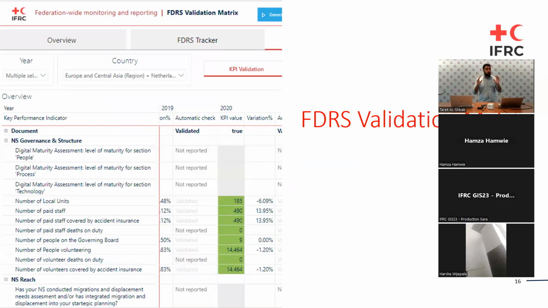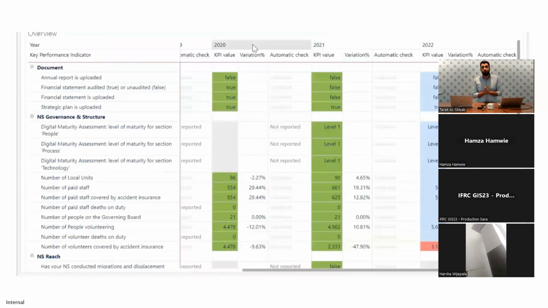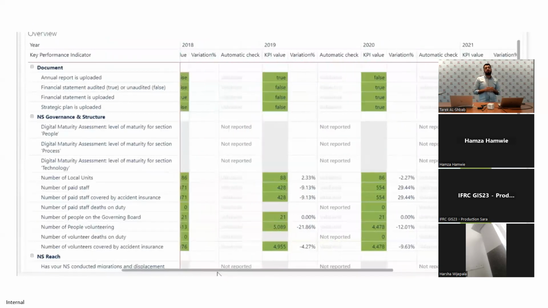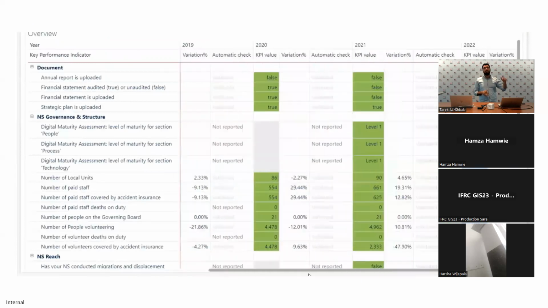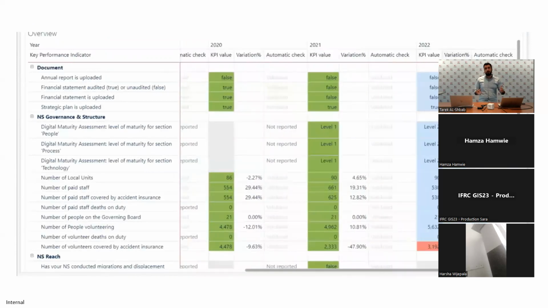So I will walk you through the data validation in depth. As you see on the new screen now, this is an example of how we make a data validation for FDRS. We have historical data for each national society.